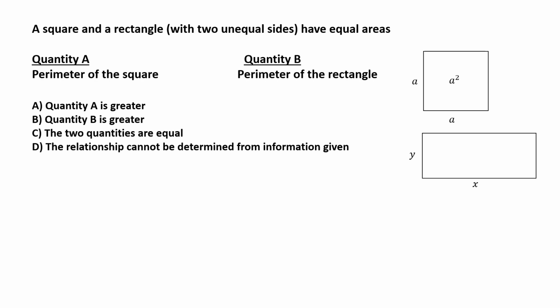Otherwise, the rectangle would be a square, right? And the area of this rectangle is simply the product of the two sides, xy. And the constraint that we're given in the problem is that these two areas are equal. So a square equals xy. So this is the defining relationship from the problem.